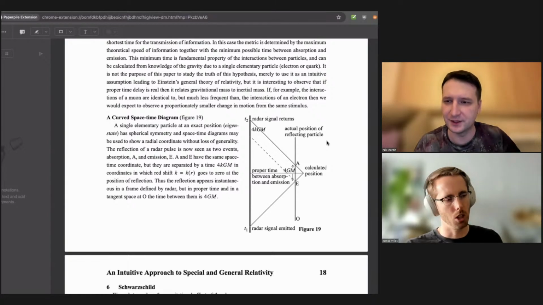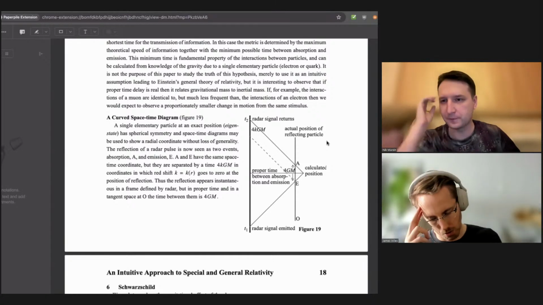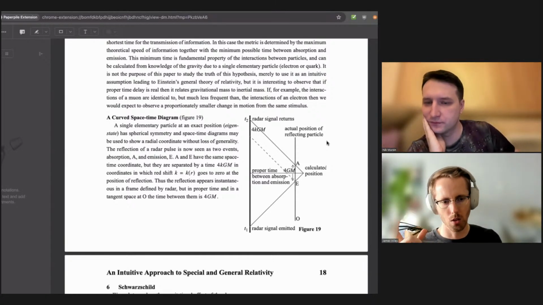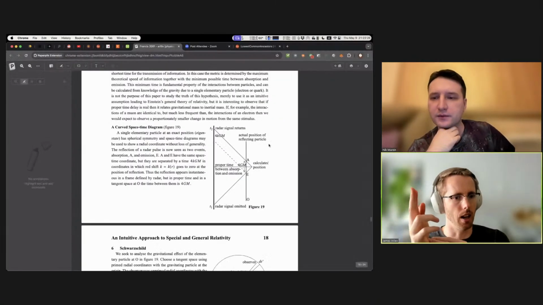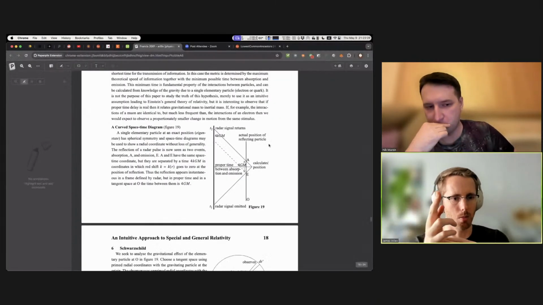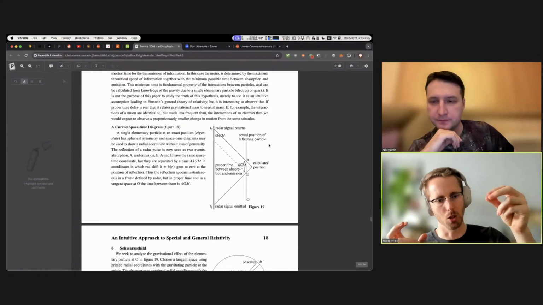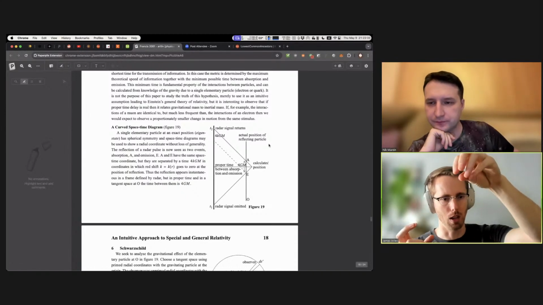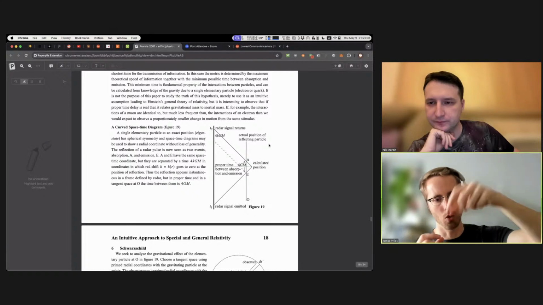I guess one way to measure that, or just the thought that came to my head at that moment, was that let's say you are receiving light from a distant star, or in this case a radar reflection from a distant object, and then all of a sudden some kind of change takes place, like an object comes in between, or something happens with that mass. That's how you could measure what that effect is.